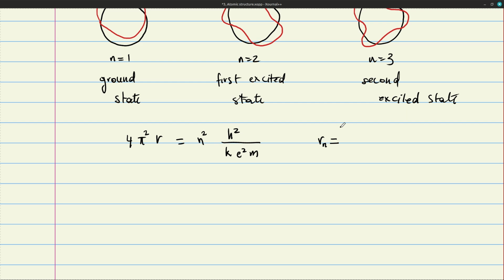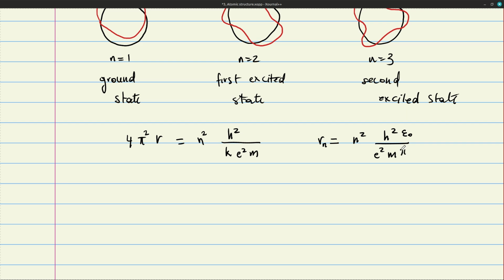If you cancel everything, n squared h squared over k, which is 1 over 4 pi epsilon naught, this is e squared, this is m, and I also need to have 4 pi squared. So this 4 is going to cancel this 4, this pi is going to cancel one of the pi's, and I'll take epsilon naught to here, and I think that's the final form.